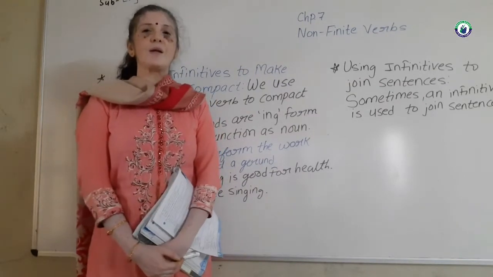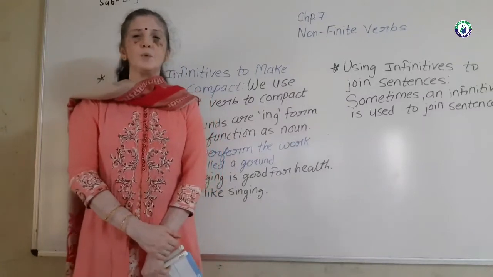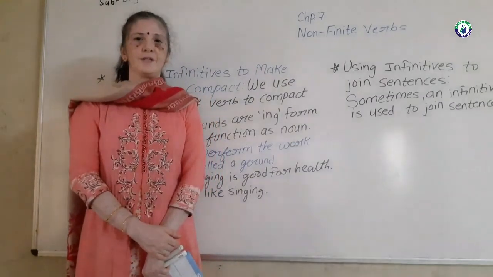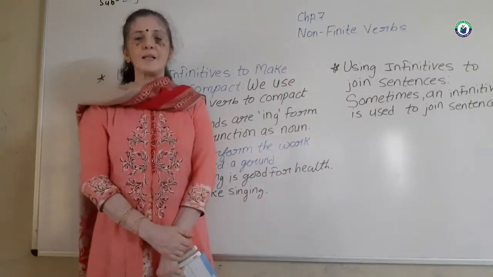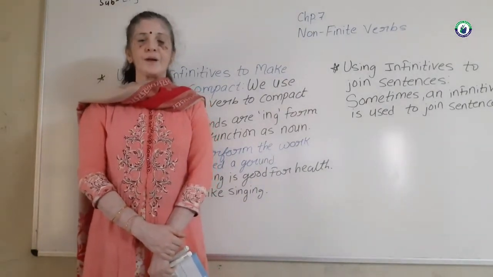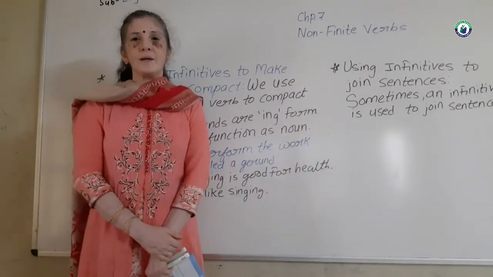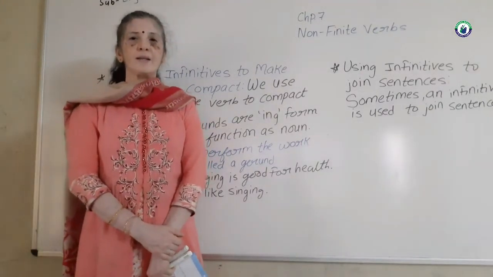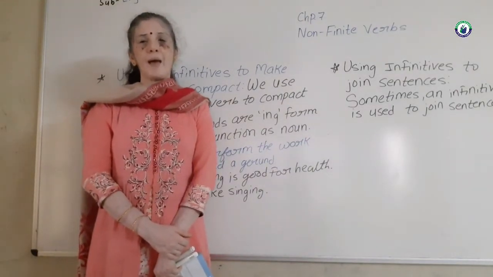Now next topic of the infinitive is, students, we have learned use of to with the infinitives. That is use of to with the verb, that is called infinitive. And if we are not using to with the verb, and we use auxiliary, that is can, may, could, might, that is called bare infinitive.